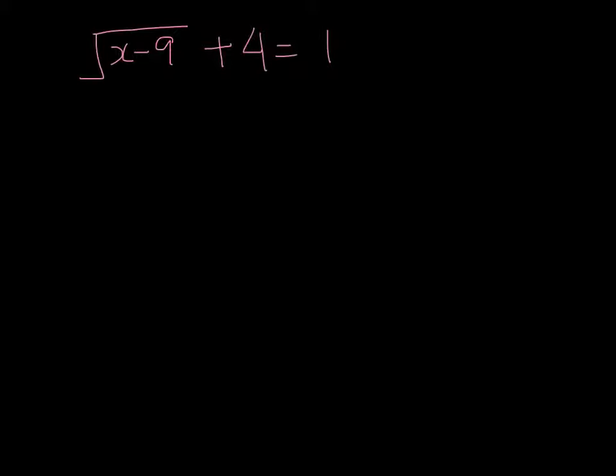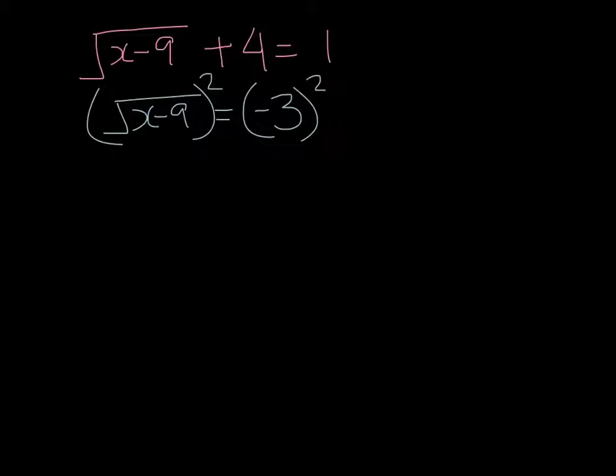Let's do the same thing for this example. So we'll subtract 4 from both sides, square both sides, x minus 9 equals 9, and then x equals 18 is our answer.